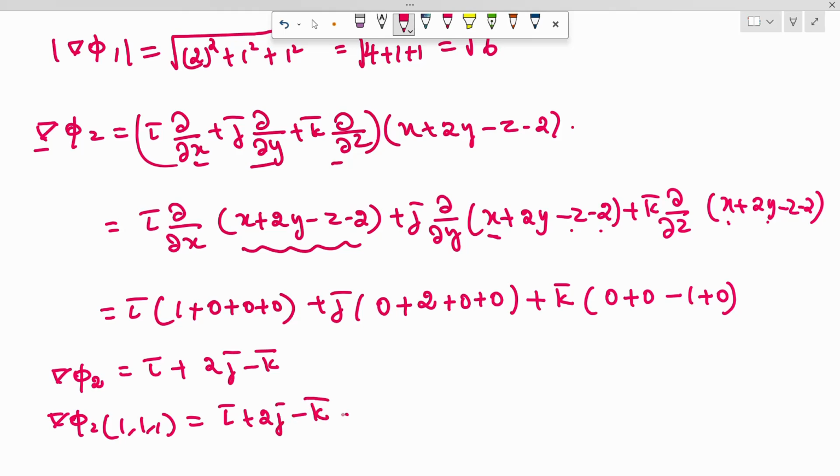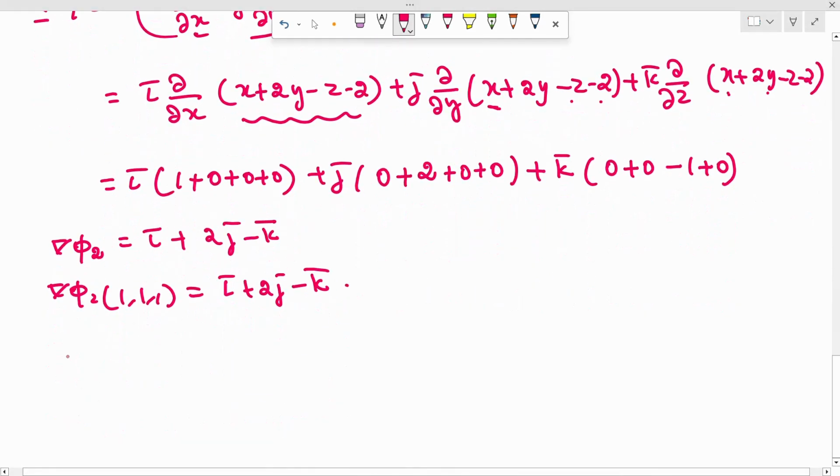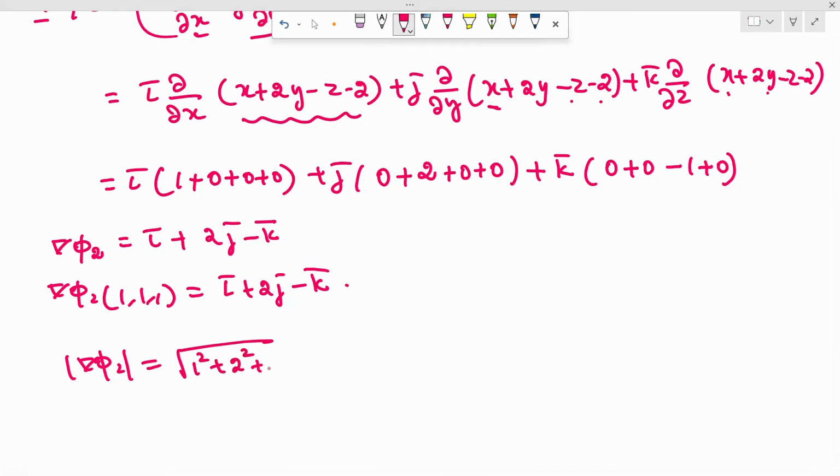Now write the modulus of del phi 2. Modulus of del phi 2 equals root of 1 square plus 2 square plus minus 1 whole square, equals root of 1 plus 4 plus 1, which is root 6.